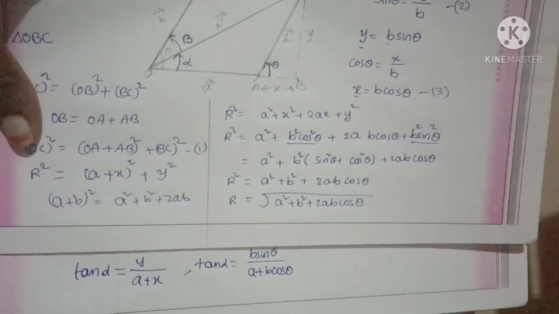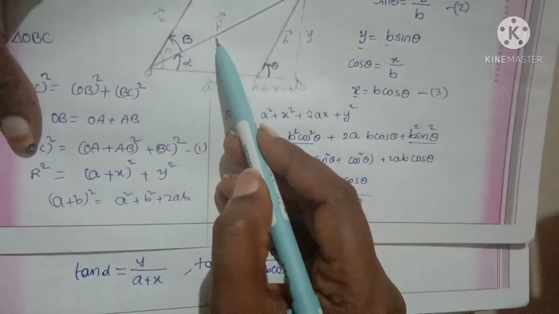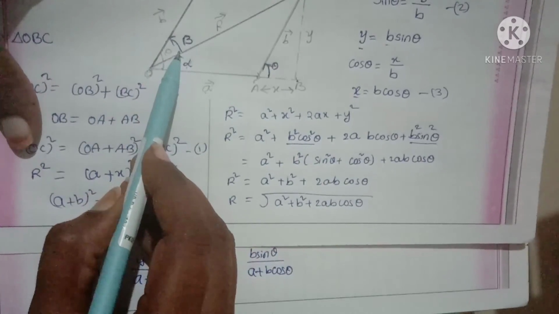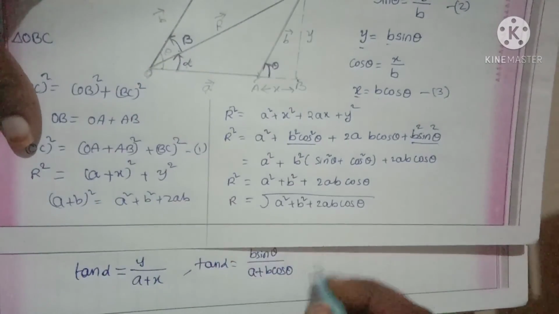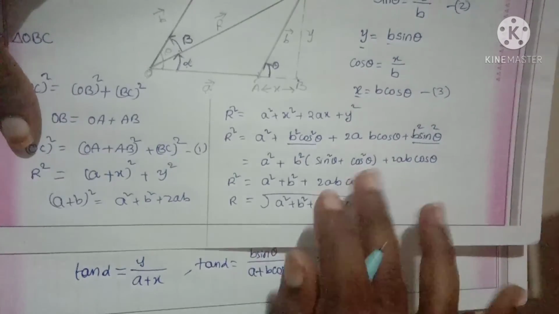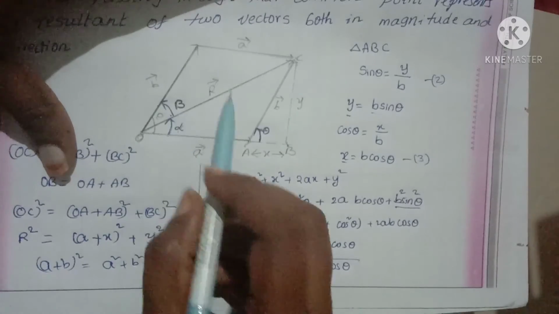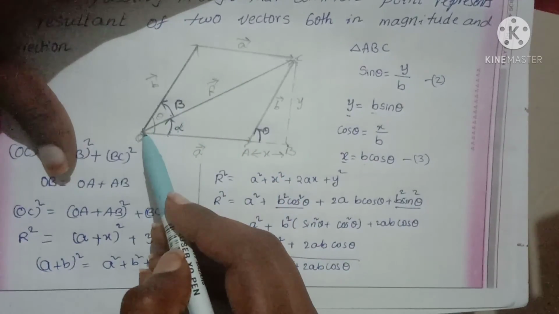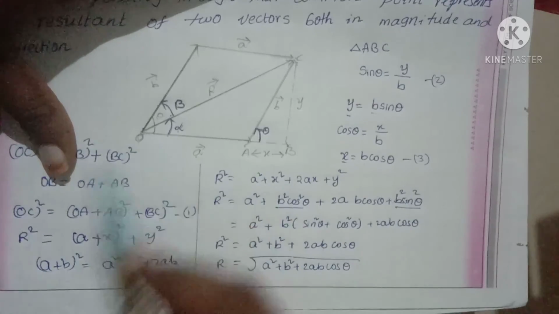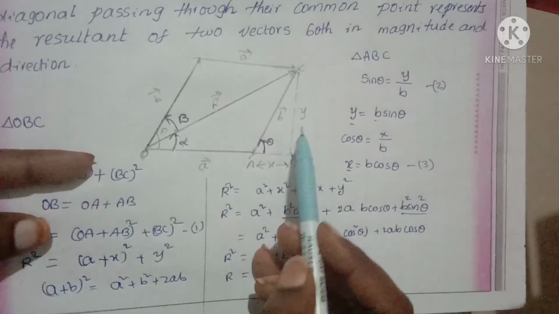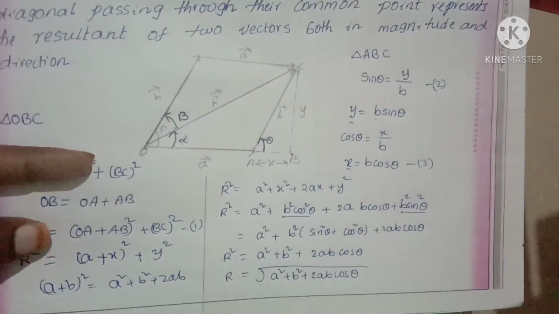And similarly, the resultant R makes an angle with the b vector, that is beta. So here we can write the formula for tan beta. For this beta, this is the opposite side and this is the adjacent side, b plus y, right?